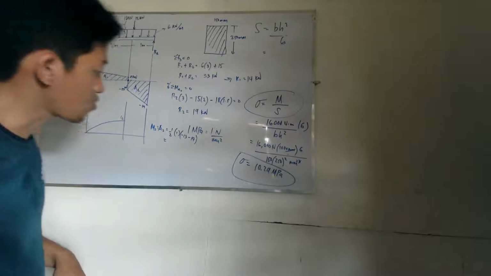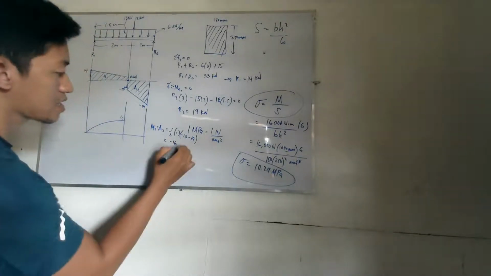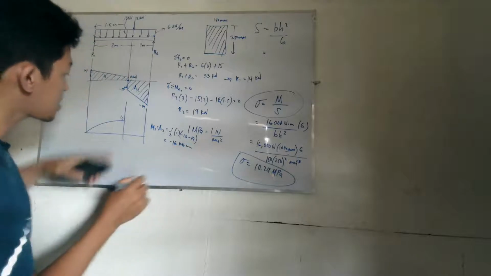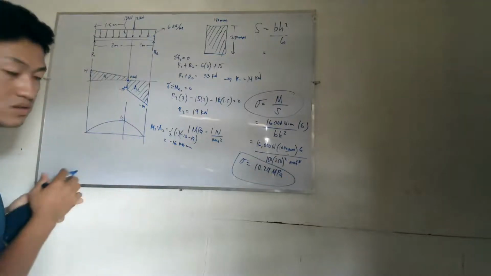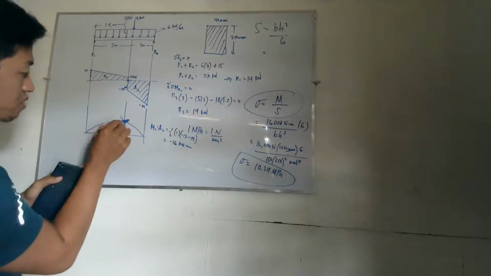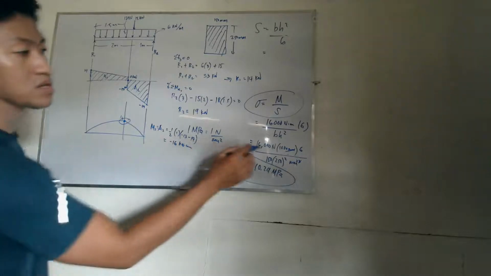The answer is negative 32 divided by 2, negative 16. So it goes back to 0. So the maximum moment is 16 kilonewton meter, which is what we used here.